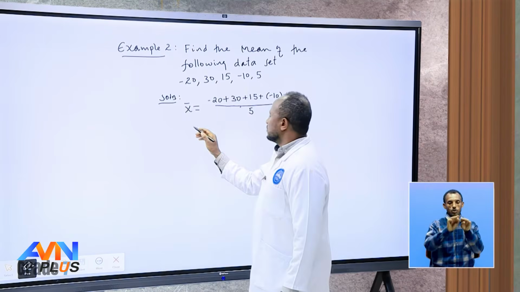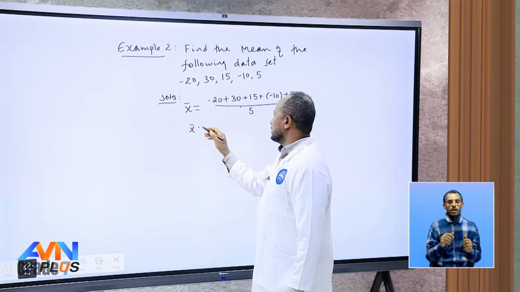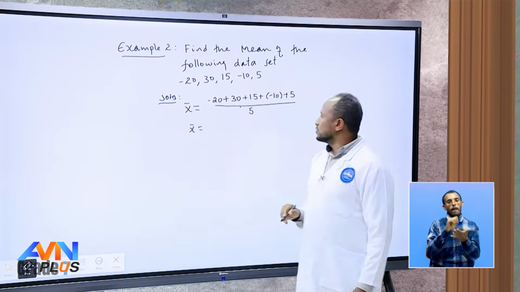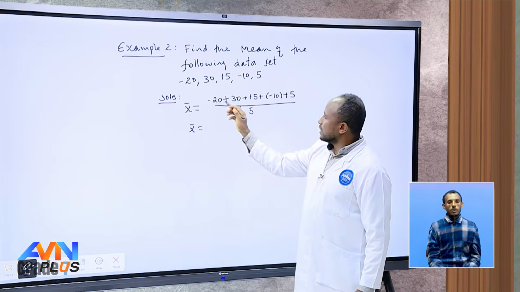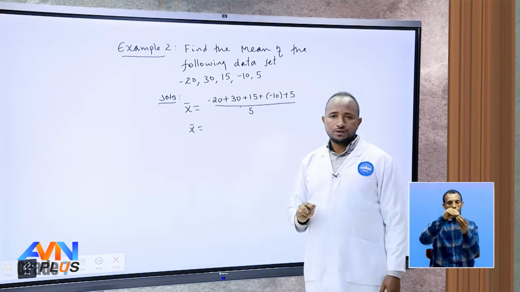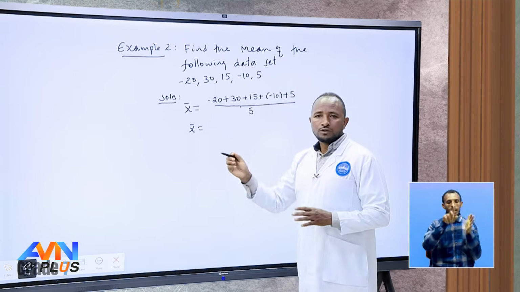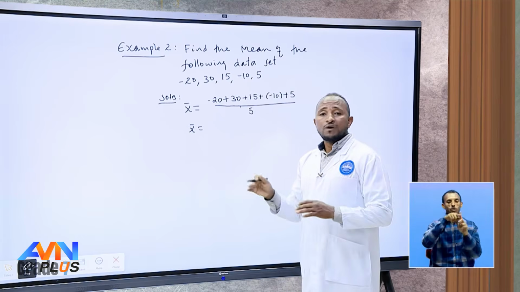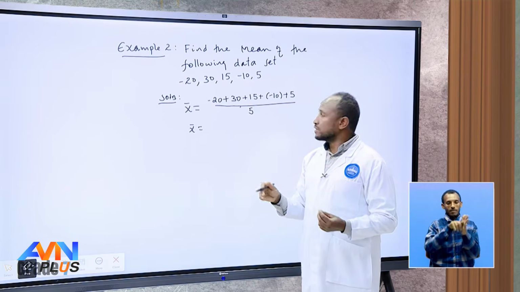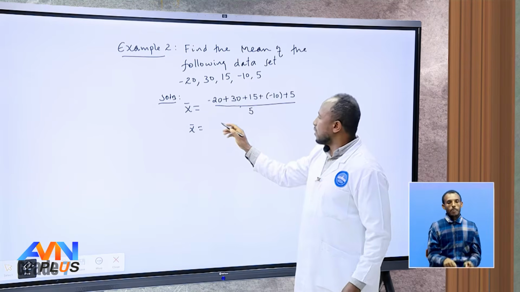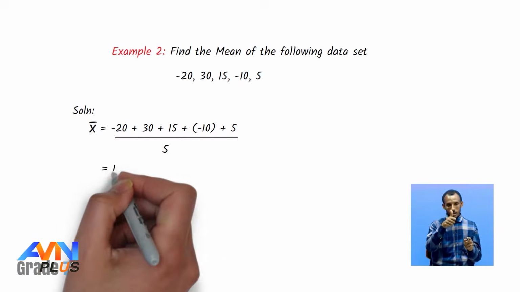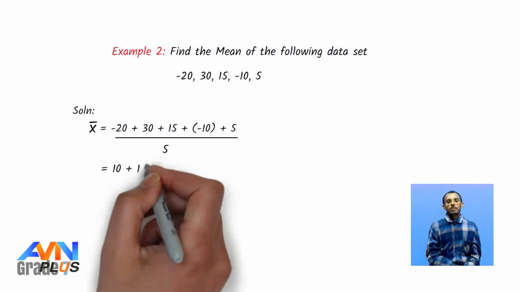So let's add these two, negative 20 plus 30. Here we have 20 negative and 30 positive, so the 20 negative cancels out and you have only 10 positive. So the sum of these two is positive 10, plus 15.